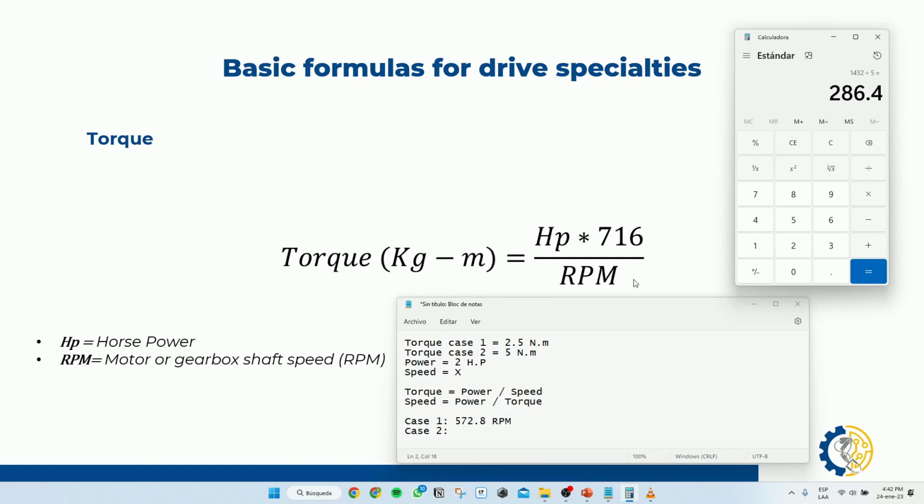What happened now? The bigger the torque, the speed is going to decrease. So be very careful with this, guys.